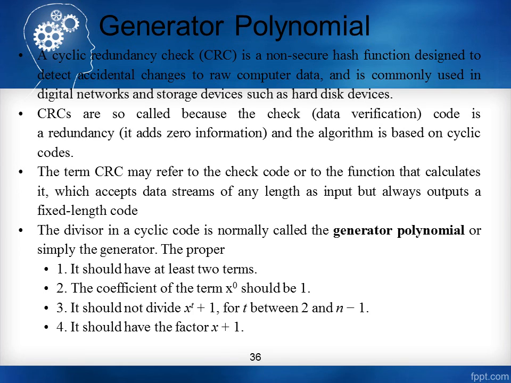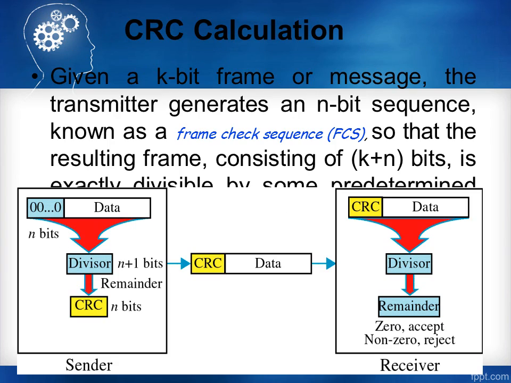These are some of the steps we are going to follow for generating a polynomial, and to whatever data exists, we are going to add extra redundancy bits, using the number of bits in the divisor minus 1, and forward the data.